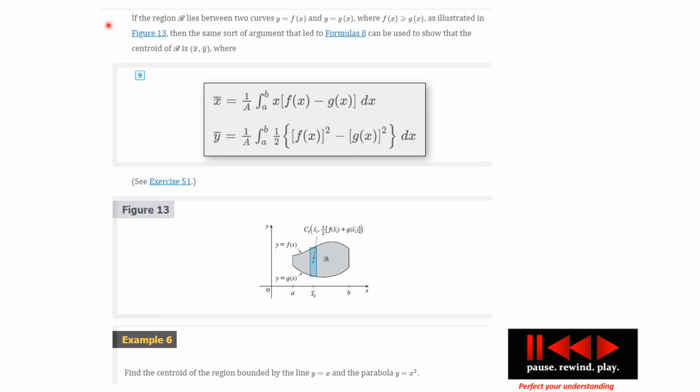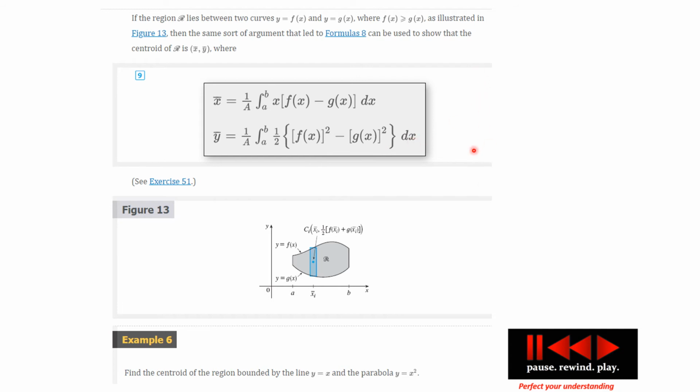Now, if the region lies between two curves, y equals f of x and y equals g of x, where f is the one that's on top, then the same sort of argument that we did before gives us a definition for the centroid here, where x bar is equal to 1 over A times the integral of x times the difference, dx, and y bar is 1 over A times the integral of 1/2, the one on top squared minus the one on the bottom squared dx.